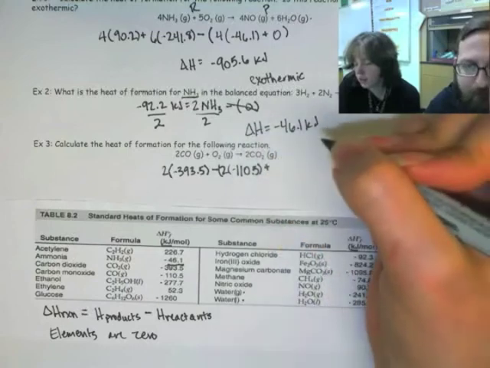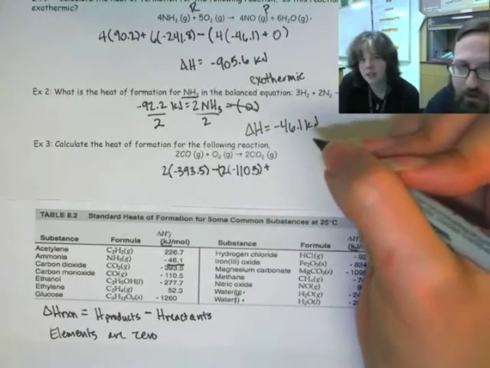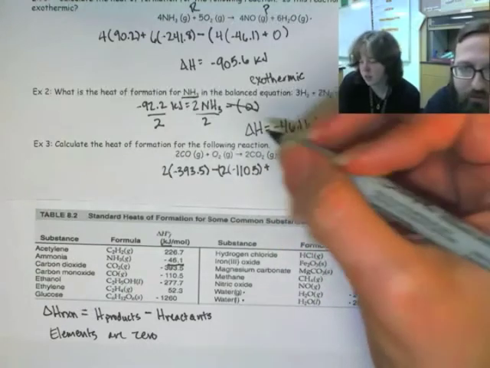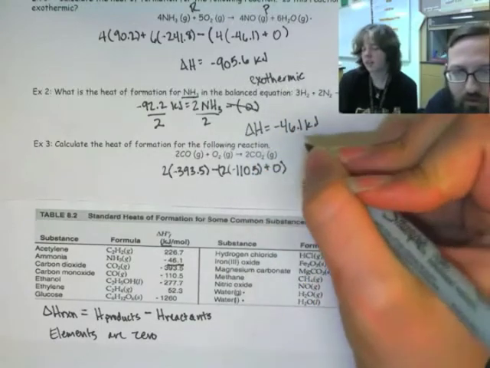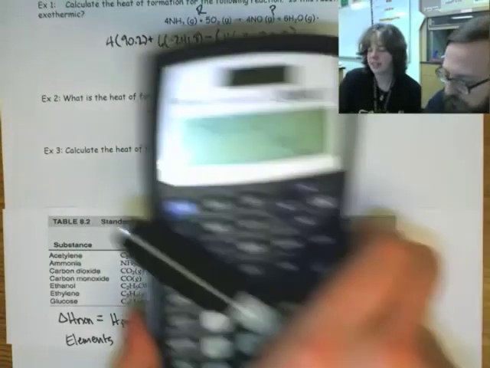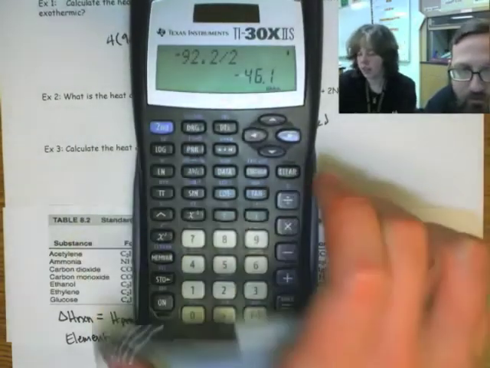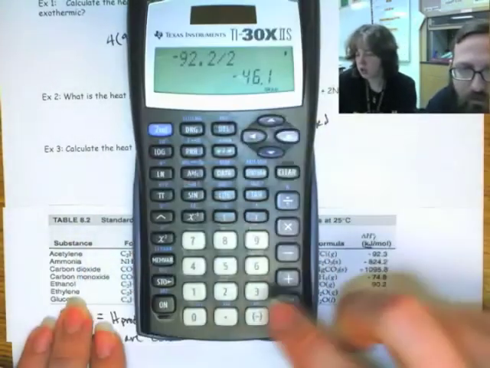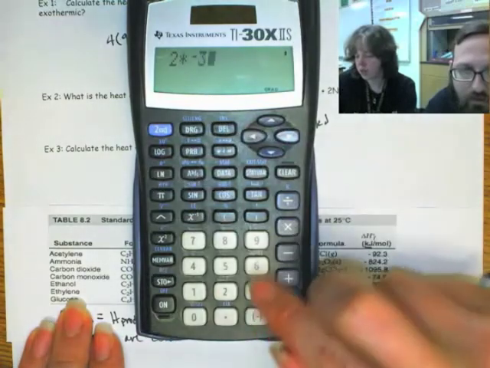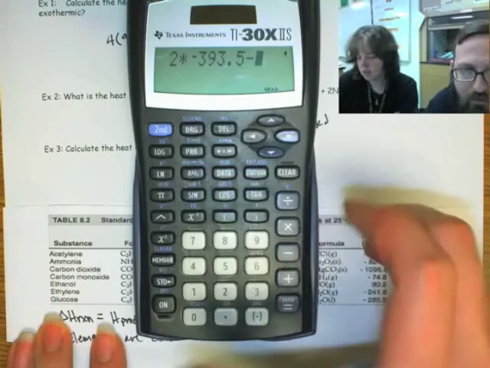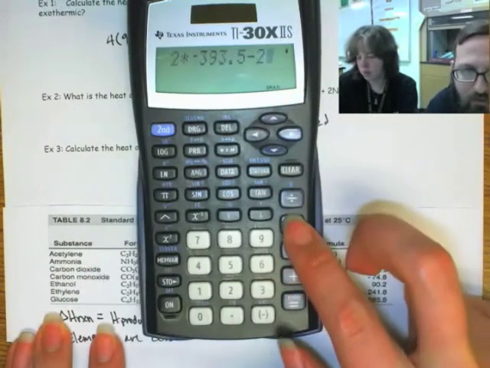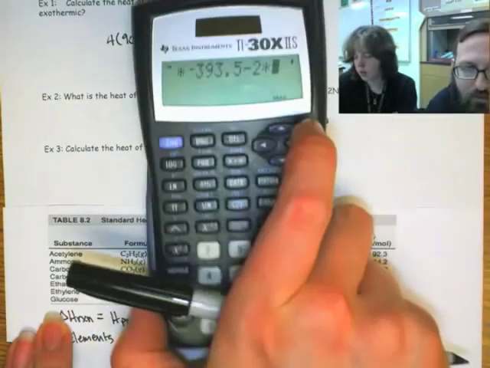All right. And then we've got to add all of our reactants. So we've got another reactant. What's our other reactant though? It's oxygen by itself. Which means it's 0. All right. So now we just have to plug this into our handy-dandy calculator. And so we've got 2 times negative 393.5 minus 2 times negative 110.5.